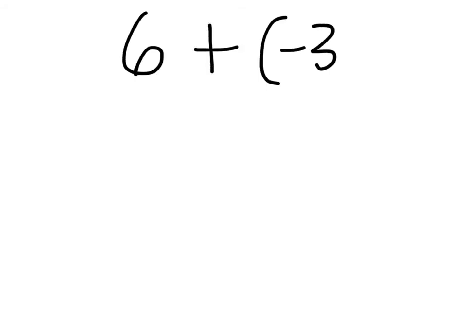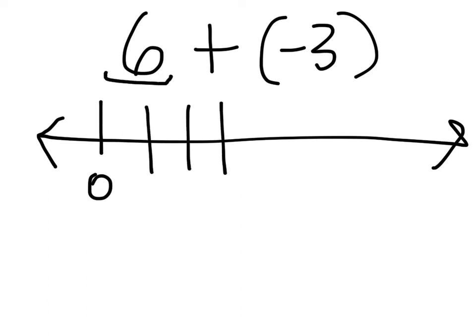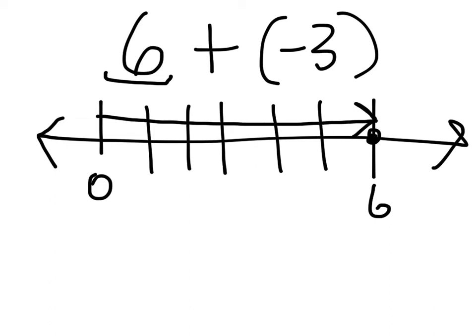We can also use number lines to add integers with different signs. So maybe our first problem is 6 plus -3. We draw our number line, start with the 0, and our first number we go to is 6. So 1, 2, 3, 4, 5, 6. So we move to the right 6 spaces.